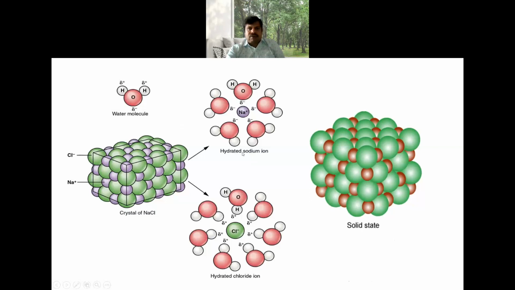Hydrated sodium ion will be like this, and hydrated chloride will be like this. The material which consists of atoms will be solid, bonded together. All the atoms are bonded together by various types of bonding techniques. So this represents the solid state.